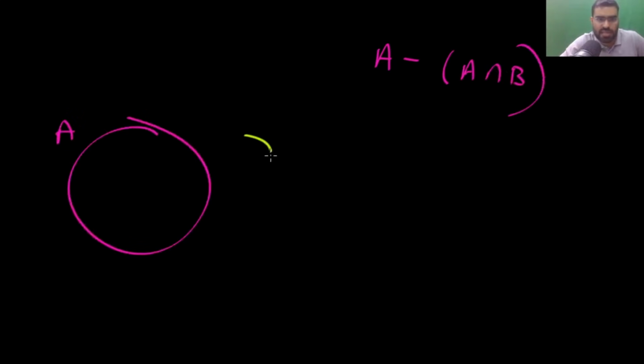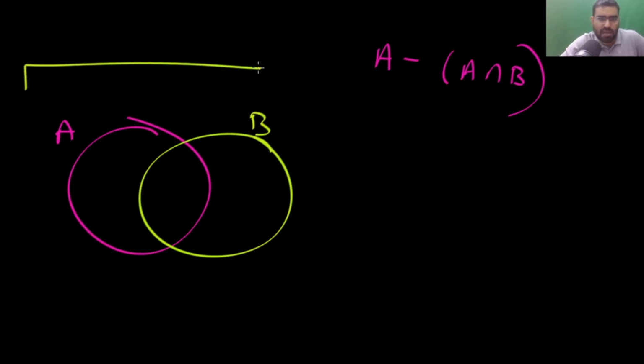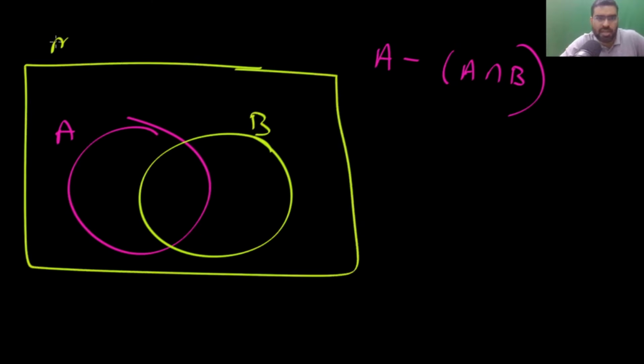Or if you want, you can do it like this also. For example, A minus A intersection B. If you have only two sets, set A and set B, and this is your universal set, how many areas will be there in the Venn diagram? There will be four areas, area 1 to area 4.